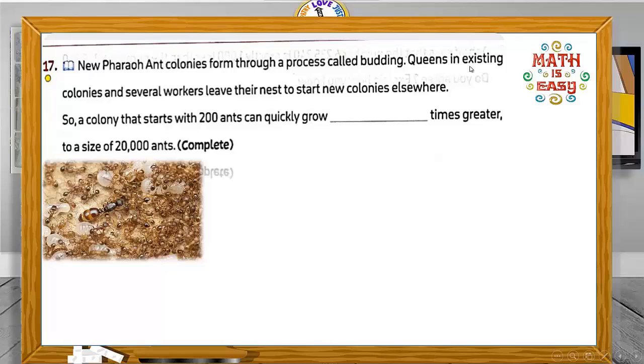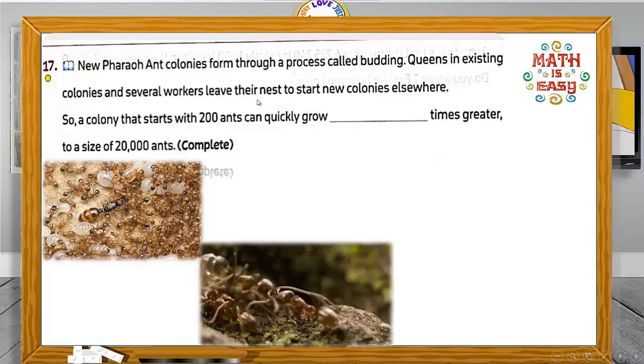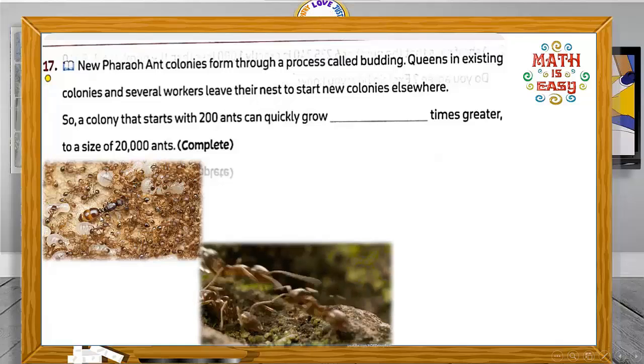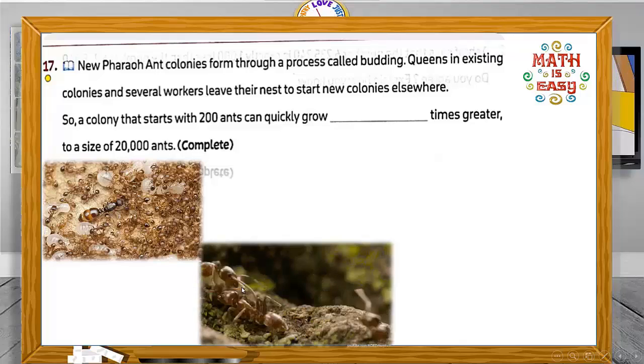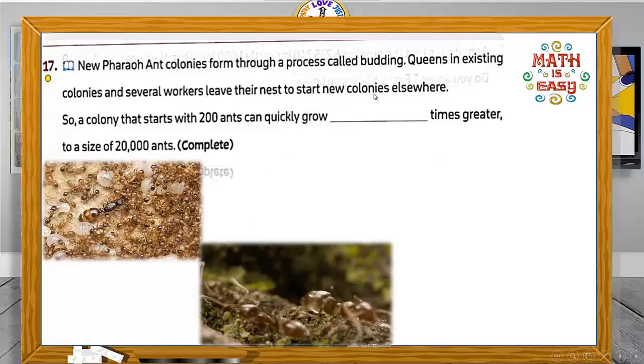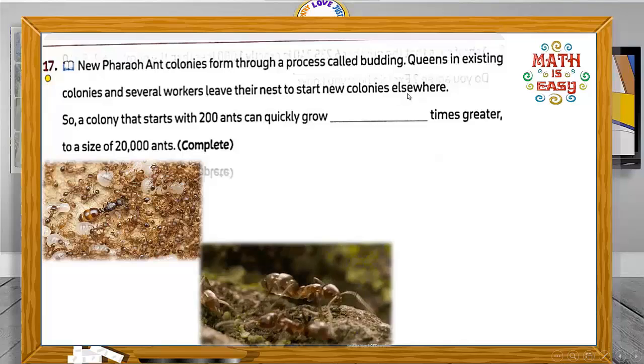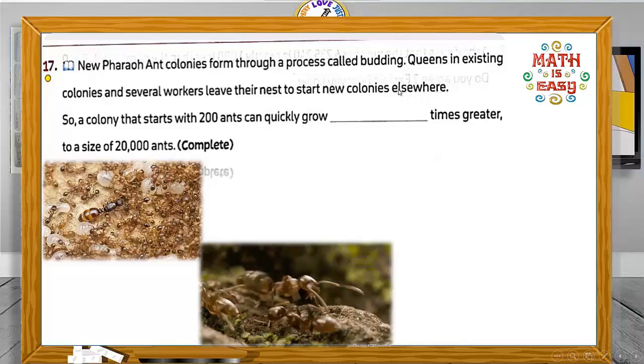Queens in existing colonies and several workers leave, and several means many workers leave, meaning go to another place. Their nest, the queen and a number of workers will leave this place and go to another place to start new colonies elsewhere, meaning another place.